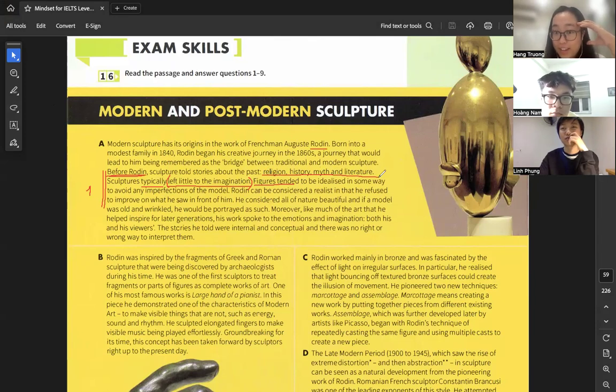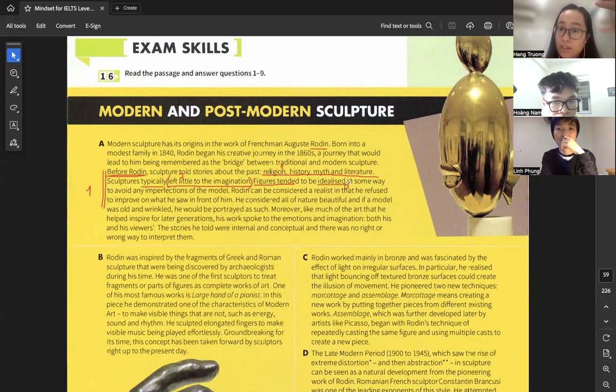No, right? Sculptures typically left little to the imagination. Again, this is a first hint. This is a second hint. Still, you can see that they're using past simple here, right? The past tense: before Rodin, before he created artworks. Figures tended to be idealized. This is a third word that you can see.